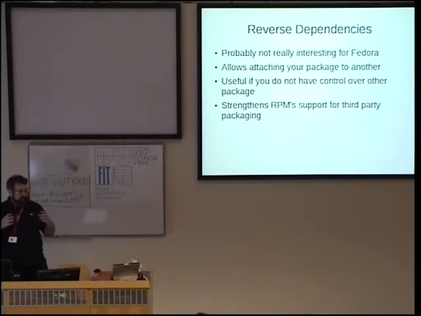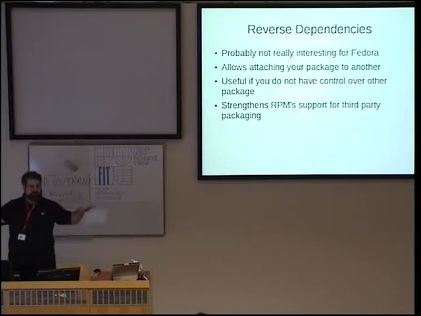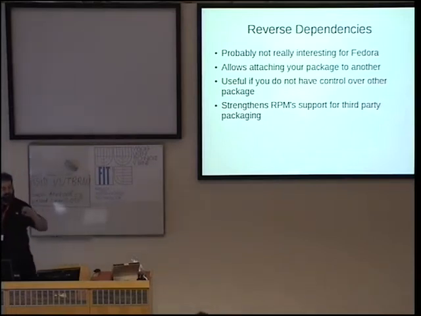The thing is, RPM, from a very basic design standpoint, has one important way of thinking: you want third parties to be able to package stuff. As opposed to Debian, which has more of a 'we own the universe and have tight control over everything' approach.